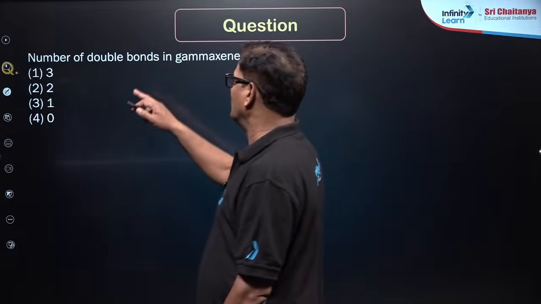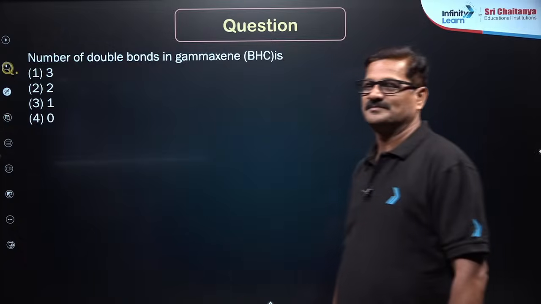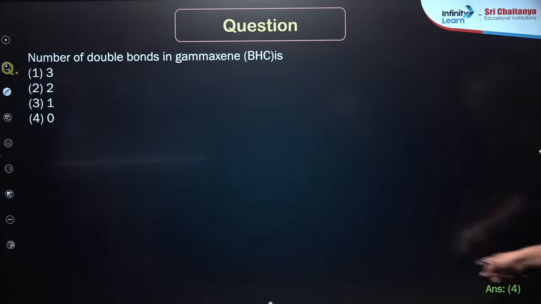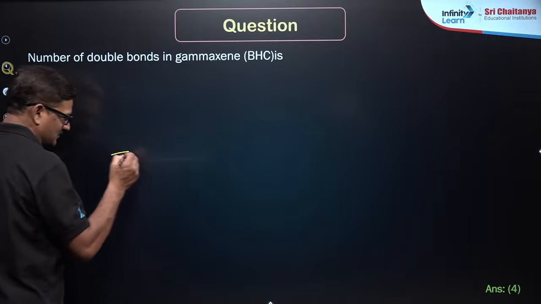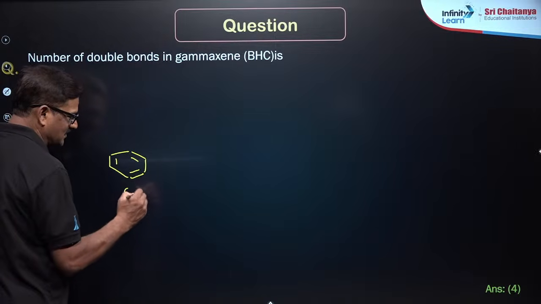Now moving on, number of double bonds in the gammaxine, BHC. It is going to be 0. What is gammaxine? This is C6H6.